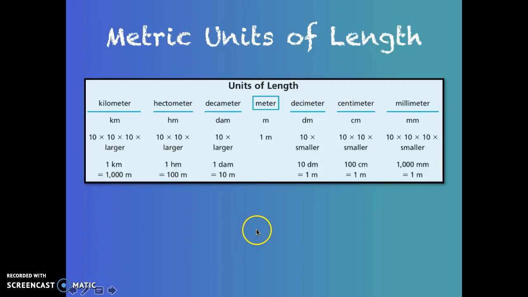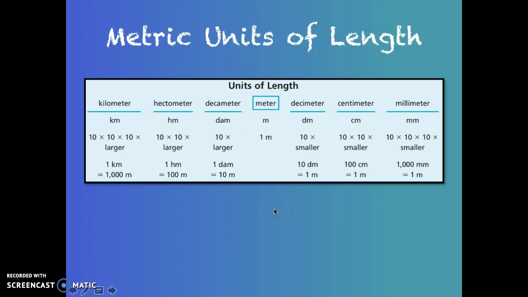And let's get started. All right, so I thought this chart would be helpful to you. Notice that in the middle, we have our standard unit of length, which is meter. Now in the metric system, this word right here changes. If it's length, we're using meters. If we were to measure liquid or volume, we would use liters.